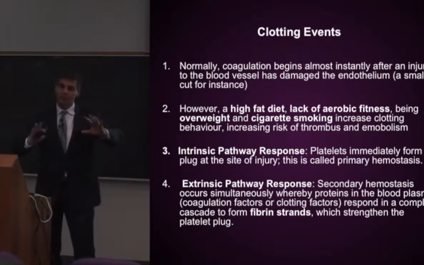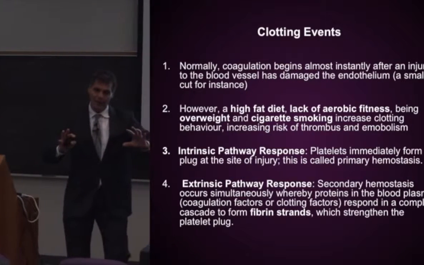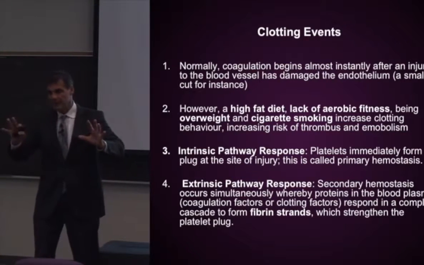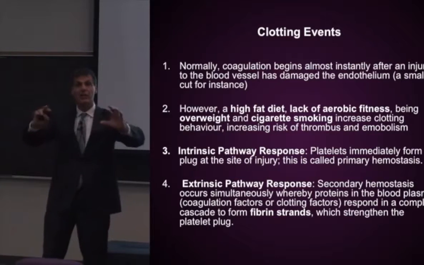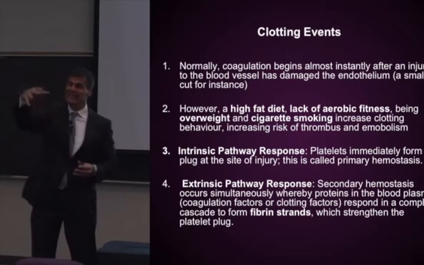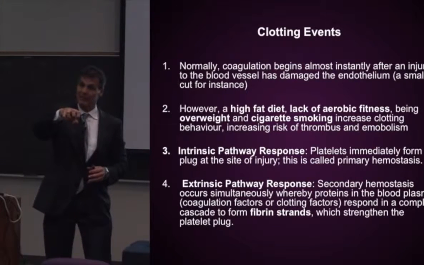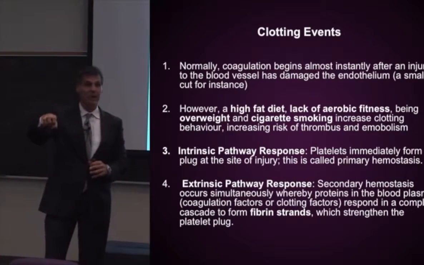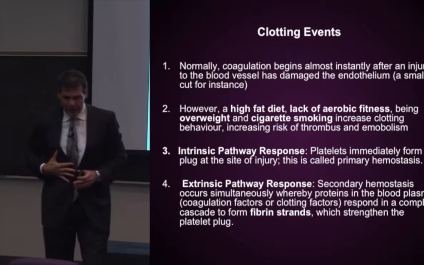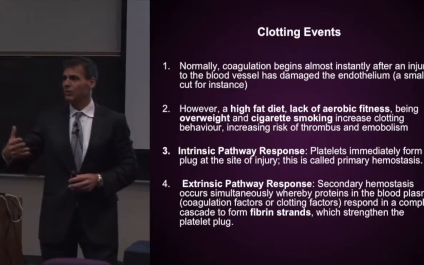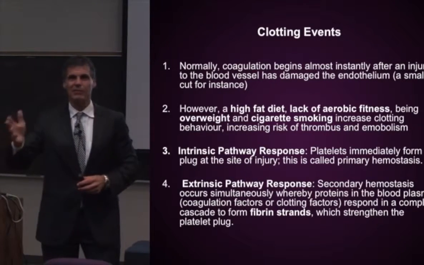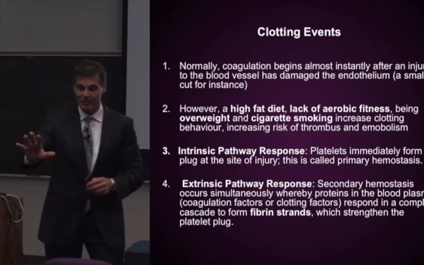So there are two responses now when there's been an injury or when you're having these faulty dietary lifestyle behaviors. There's the intrinsic clotting pathway. Right inside the platelets themselves, they get excited and they start to clump together. And then there's the extrinsic pathway, which you have studied, where the liver is constantly making these clotting factors. Remember the Christmas factor and all, we're going to see them in a moment.